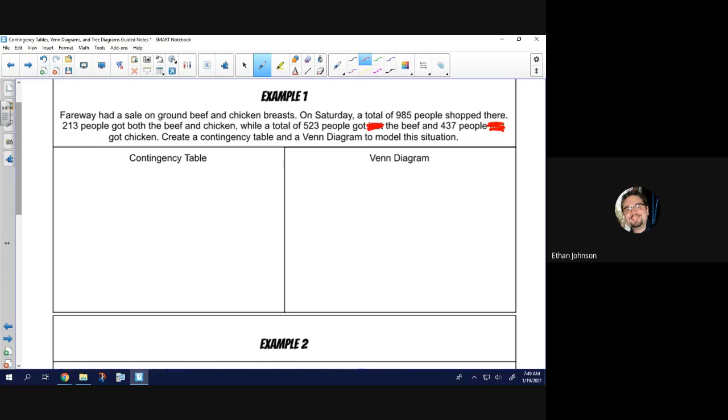So starting off, I'll say beef is my columns. And options for beef would be, well, yes, they got beef. No, they did not get beef. And then we need our total.